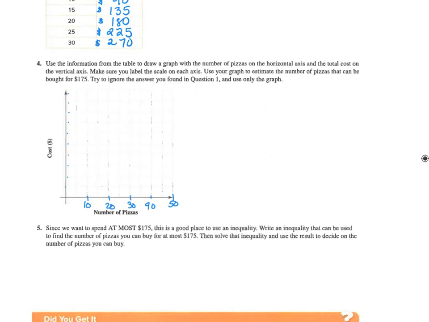So let's round each hash mark to 50. So that'll be 50, 100, 150, 200, 250, 300. Now I know this doesn't span the whole length and width of the graph, but we have to look for ease of graphing too.